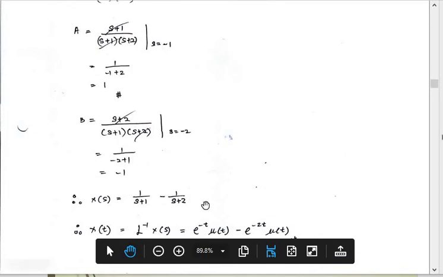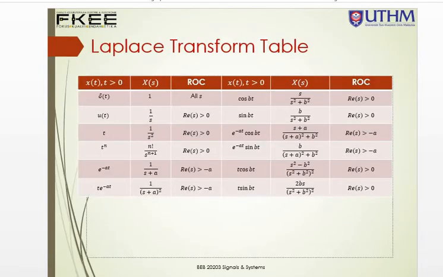So from here, X(s), you can change to x(t). How? Just now I showed you the Laplace transform table, right? So you can use this Laplace transform table to change to x(t).